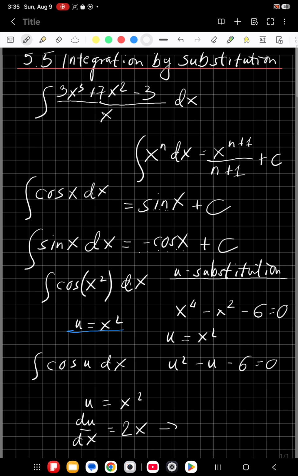So now what I have is du over dx equals 2x. I can solve this easily for dx and replace this dx with whatever I get from this. Let's solve for dx.